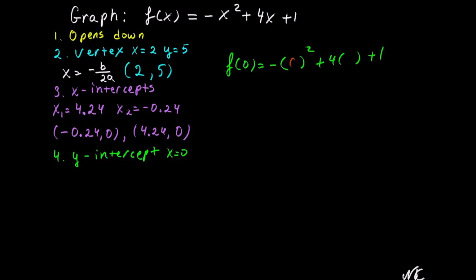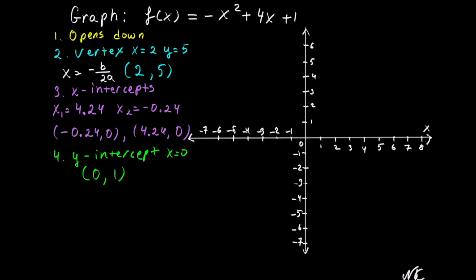So we get f of 0 is equal to negative 0 squared, which gives us 0, plus 4 times 0, which is 0, plus 1. So f of 0 is equal to 1. So the y-intercept is when x is 0, y is 1. So (0, 1) is our y-intercept.